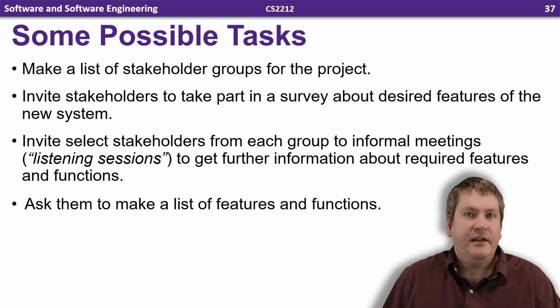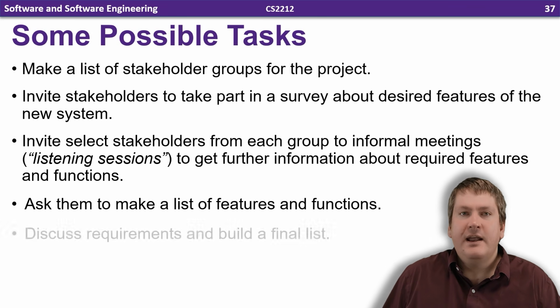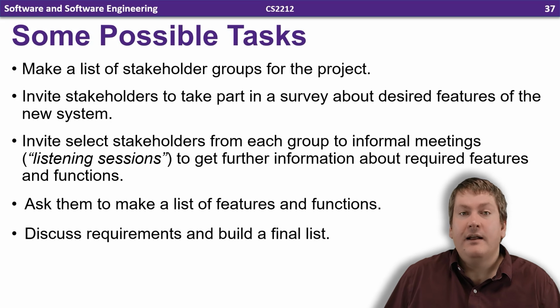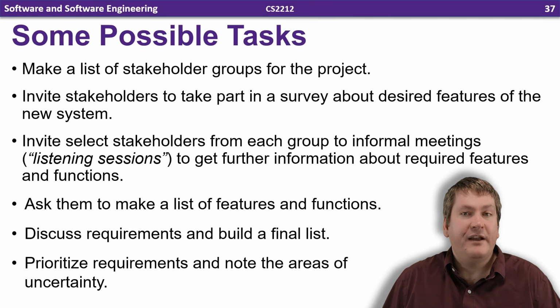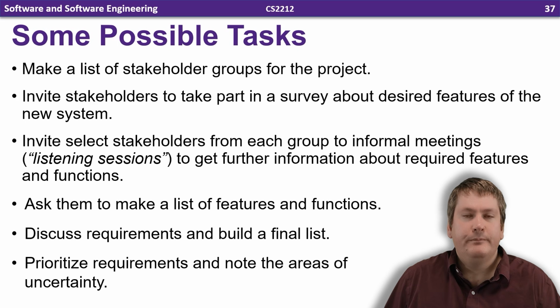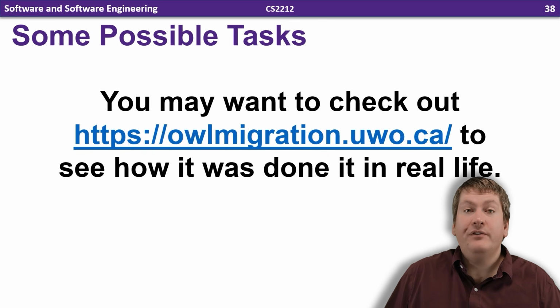From these surveys and meetings, a list of features and functions mentioned should be compiled, and then negotiated to build a list of final requirements. A last task could then be prioritizing requirements and noting any areas of uncertainty that could pose potential risks to the project.